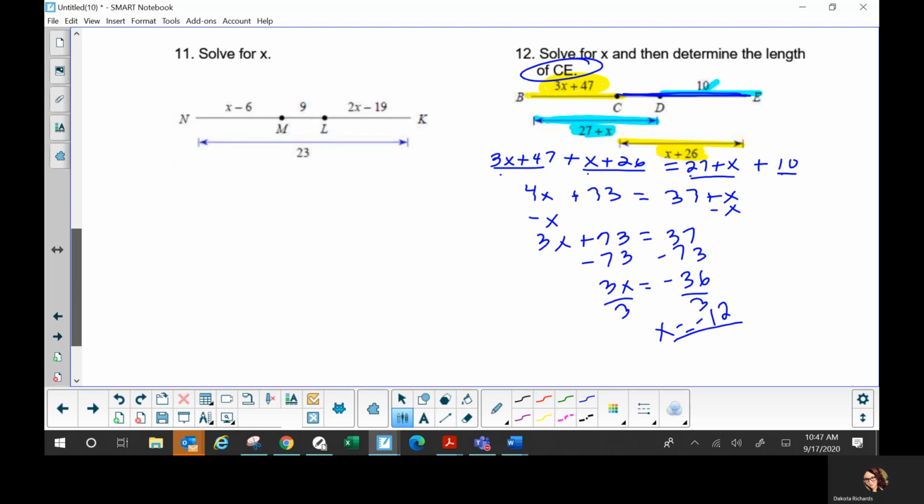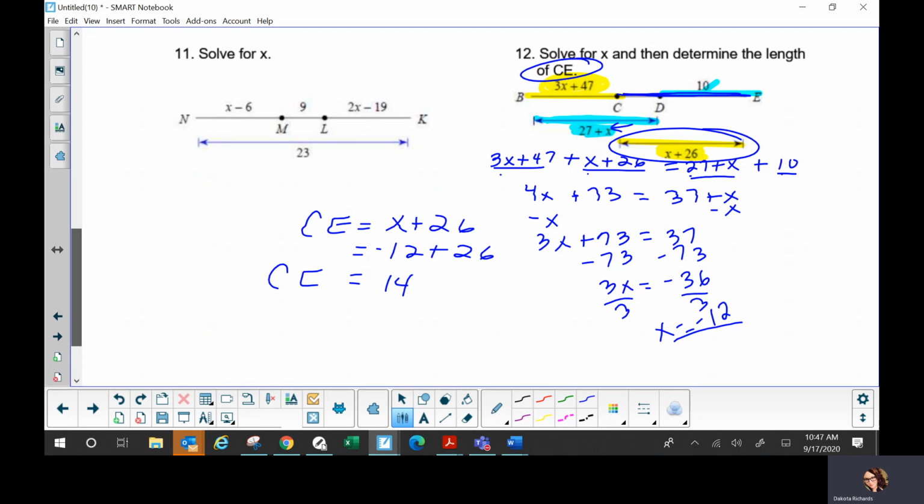If we plug in x here, what does this give us? Sorry. 27 plus x is not the one we're supposed to be looking at. x plus 26 is CE. So if we plug in negative 12 plus 26, that gives you 14. And that is okay.